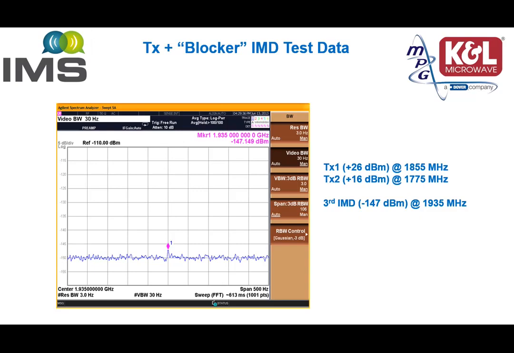Connecting the spectrum analyzer to the RX filter, we measure the third IMD at 1935, which is 2F1 minus F2, of minus 147 dBm, a very low and respectable level with a very high dynamic range.